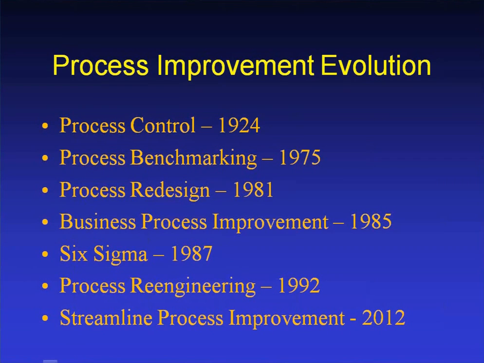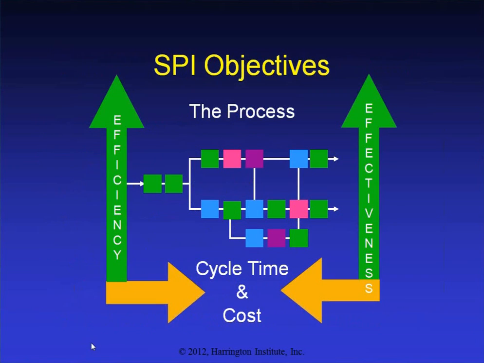That came out about 1985. Six Sigma came along with Motorola in 1987. Process re-engineering came in 1992. And this is sort of the evolutionary effect of this whole process focus, and we're going to talk about streamline process improvement.